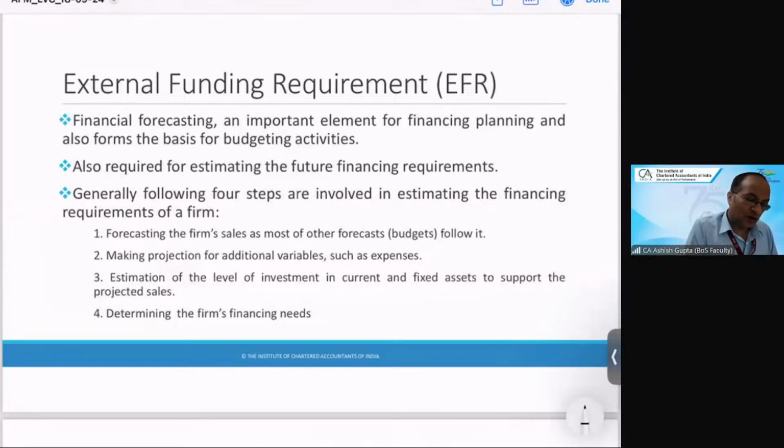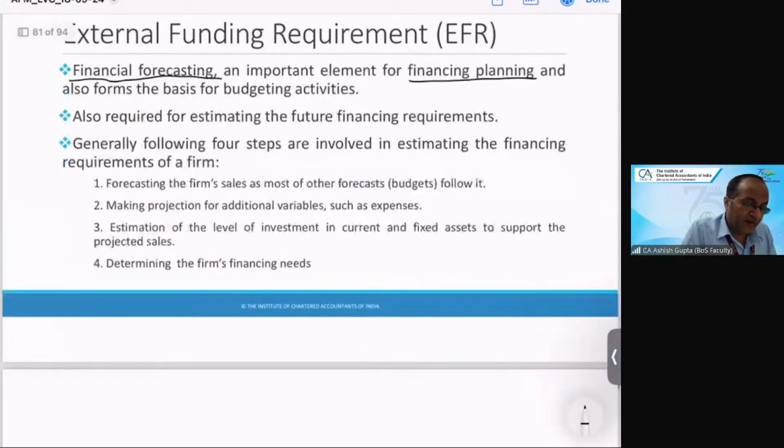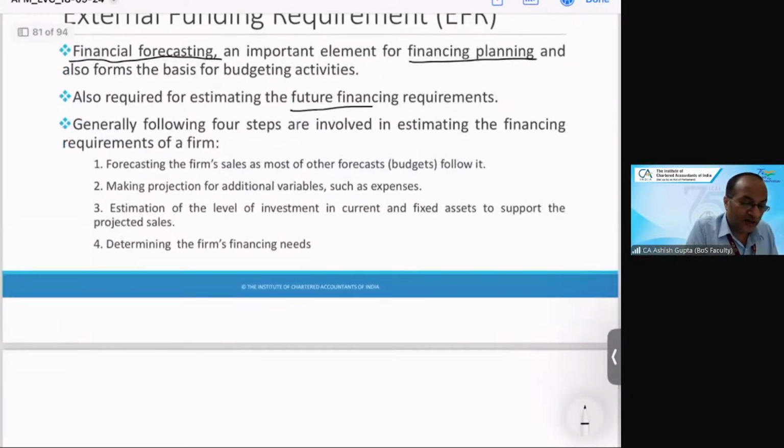That is called external funding, and it is one of the very important aspects of financial forecasting, as well as an element of financial planning. That's why this topic is covered here, so that you may come to know how we may carry out this analysis. We have to see how much future funding we shall require.